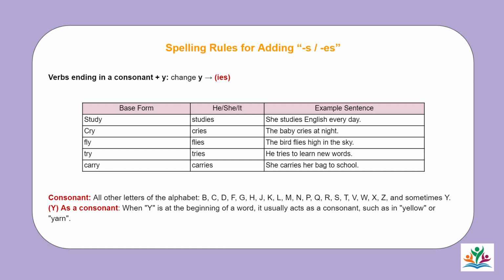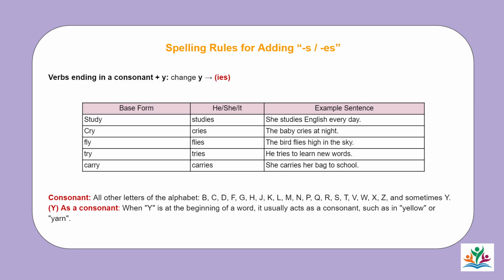Same thing for cry. We can see that cry ends with an r, which is a consonant, and y. So we need to change the y and add ies. Cry, cries. For example, the baby cries at night. Same thing for fly, try, and carry.